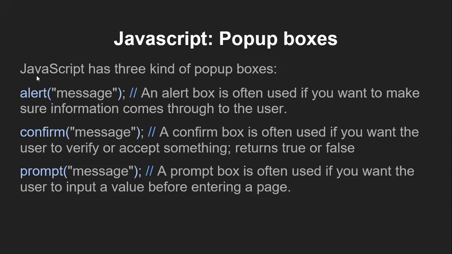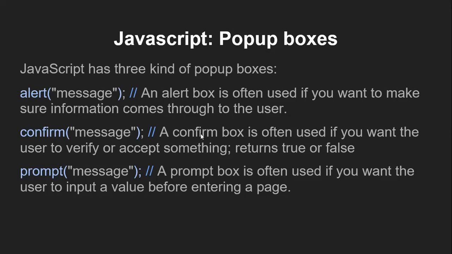The alert function is used if you want to make sure information comes through to the user, that is, you want to alert something to the user to make sure they get some information first before they perform an operation. Then the confirm box is used to verify or accept something.